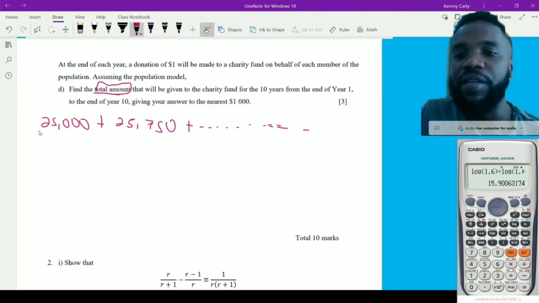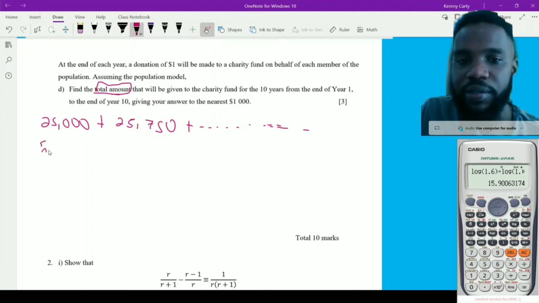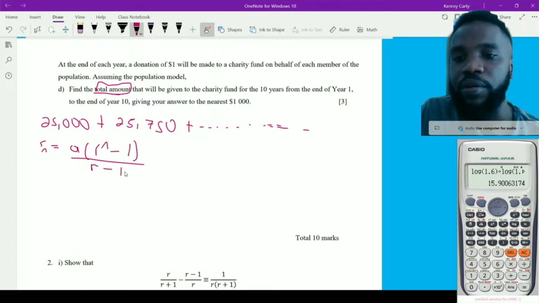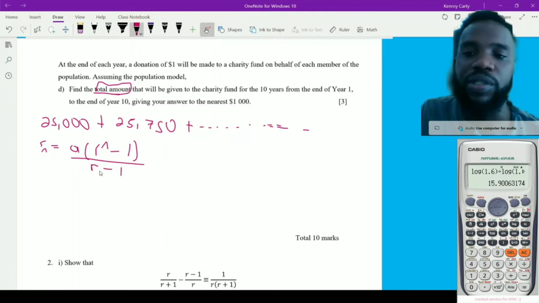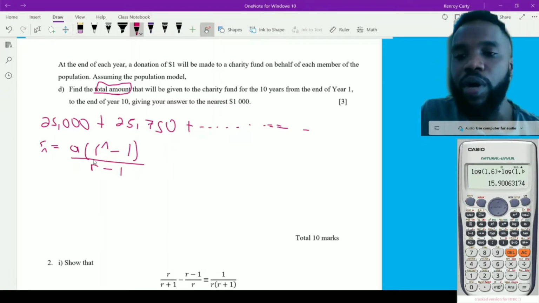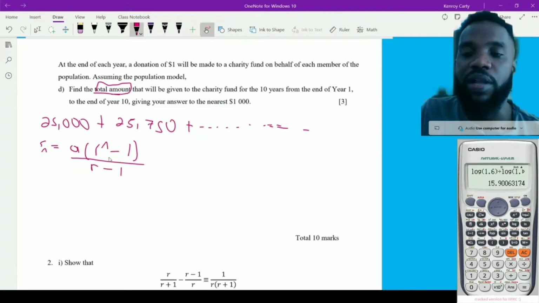Which means that I'm going to define the sum of this geometric series. So let me go to the formula. All right, so we're going to have Sn equal a times r to the n minus 1 over r minus 1. And they said when r, which is the common ratio, is greater than 1, we use this formula here, although the other one will pretty much give you the same value.